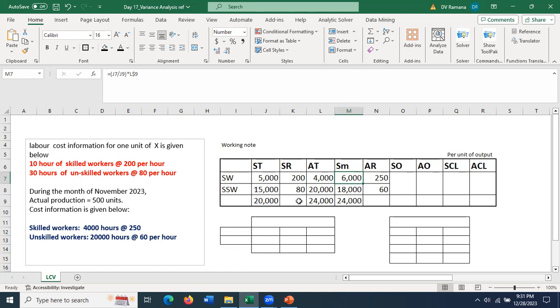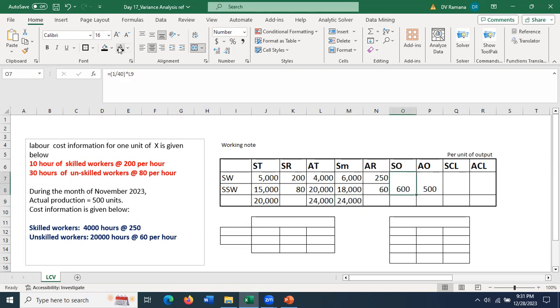Before we calculate that, let us also find the standard output. The given actual output is 500. What is the standard output? It is the expected output from actual input. The actual input is 24,000 hours. It says 40 hours are required to produce 1 unit.